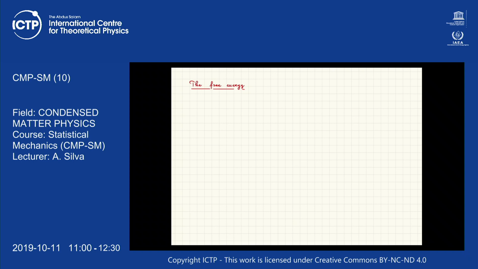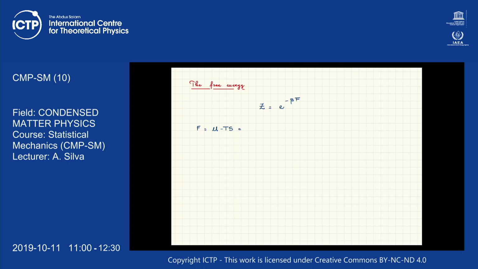I mean that if you define the free energy by the partition function as this, then since in thermodynamics the free energy is U minus TS, and S is equal to minus the derivative of the free energy with respect to temperature, right?